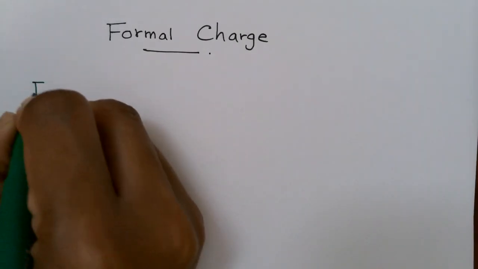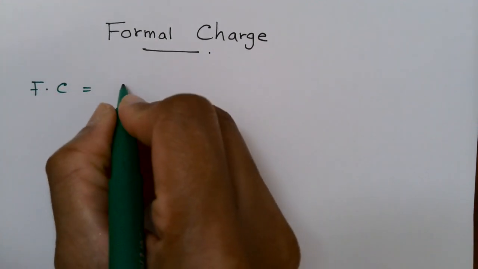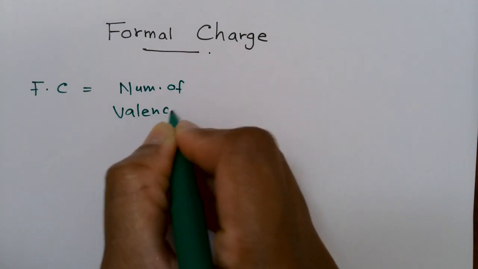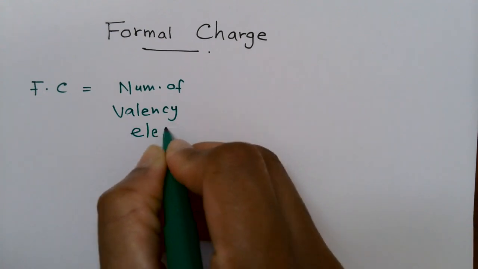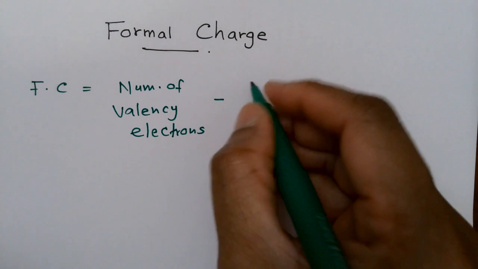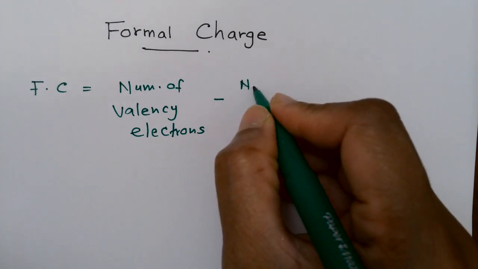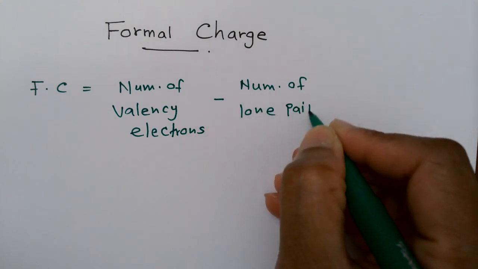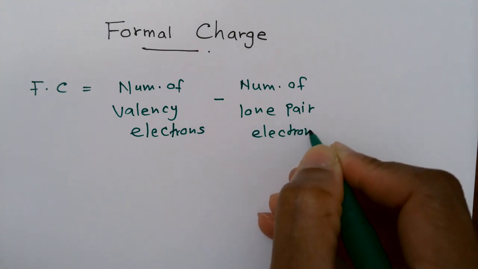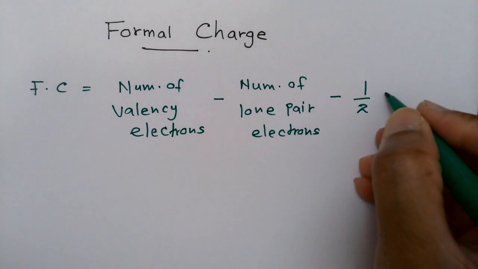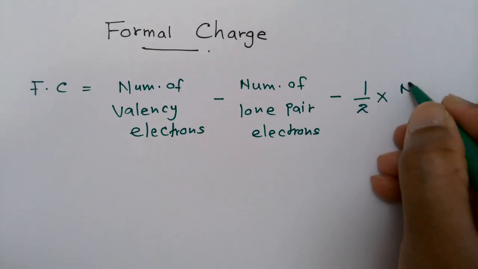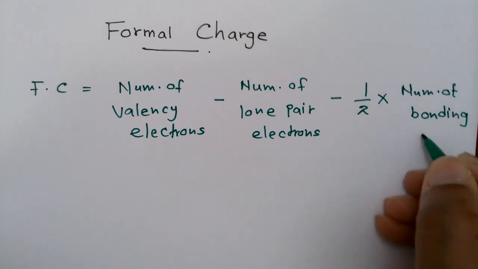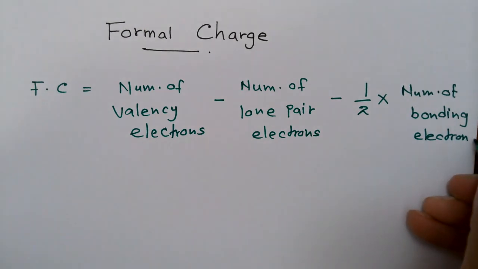The formal charge formula is: formal charge is equal to the number of valence electrons, minus the number of lone pair electrons, minus half times the number of bonding electrons. Okay, this is the formula for the formal charge.